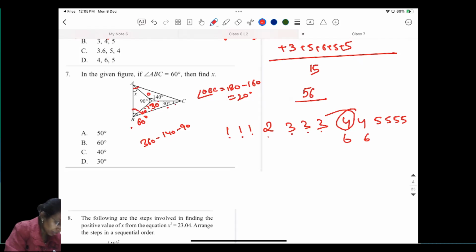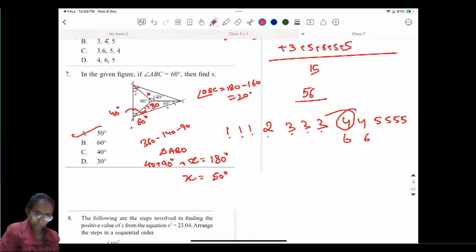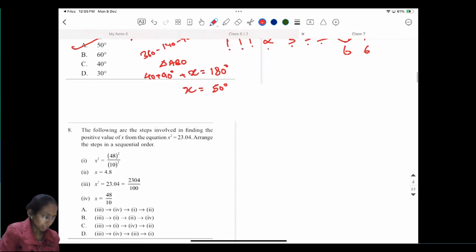So this angle will be my 40 degrees. Now from the triangle ABO, we are having two angles as 40 and 90. And third one is X. Their sum will be 180 degrees. So my X will be 50 degrees. That is the A option. Now the 8th one.